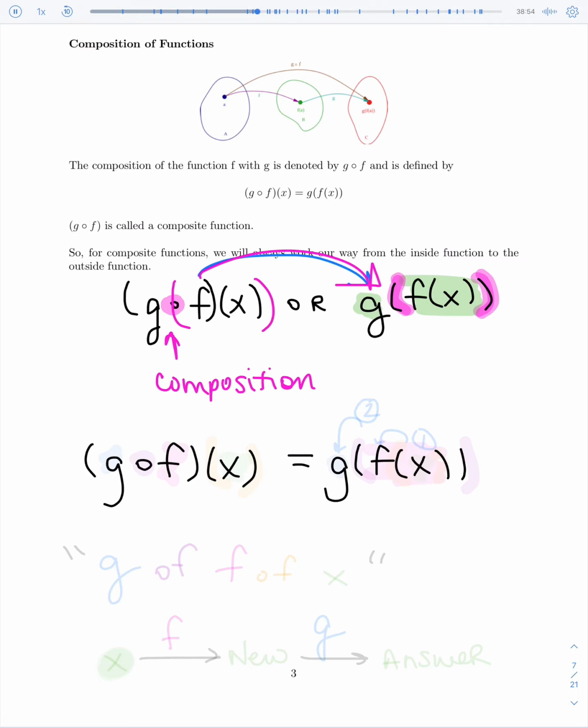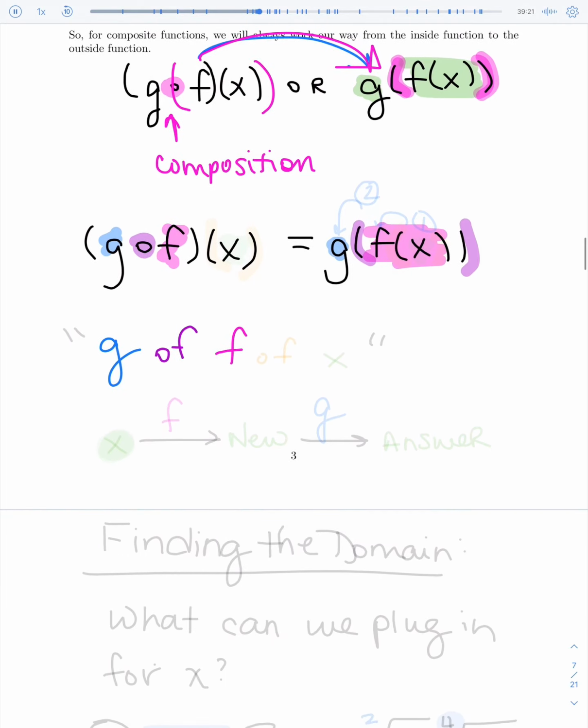So we would start by reading this by mentioning our G, which is the first thing that we see if we read this from left to right. Then we would have our little circle or parentheses, which is read as "of." And then we'd go after our next function, which is your F. Then we see another set of parentheses after that, which is another "of."